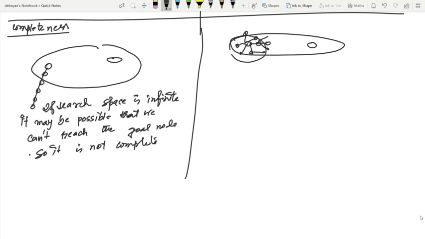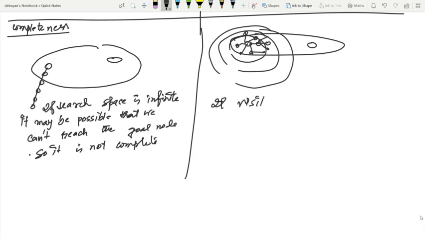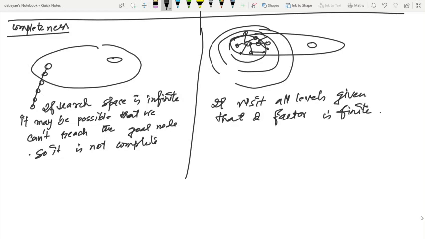That means it will be exploring in that particular fashion. So if the search space is infinite, then also you can find a goal node. It visits all levels, given that the branching factor is finite.